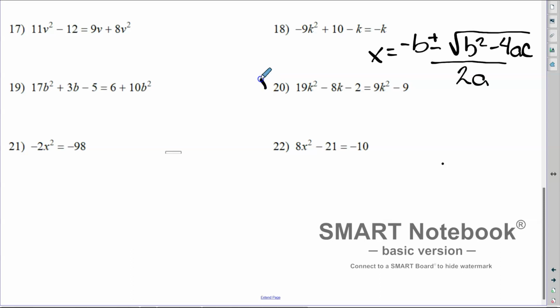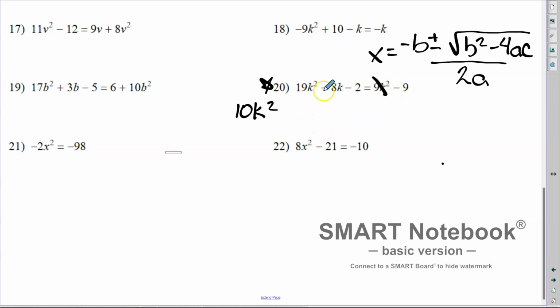The next step for us, since we're going to approach 20, is to put it in the proper form, which requires us to have our variable squared plus or minus the variable plus or minus the constant equals 0, okay? So that should be a quick fix in pretty much all the cases here, okay? So in this case, we can subtract 9k squared here, and we'll have, so he's gone, okay?